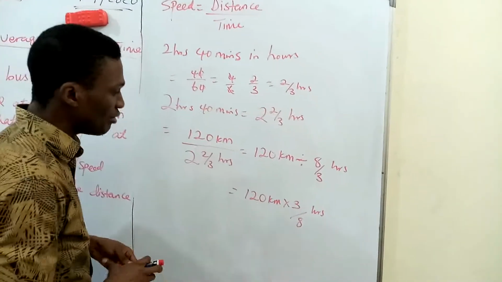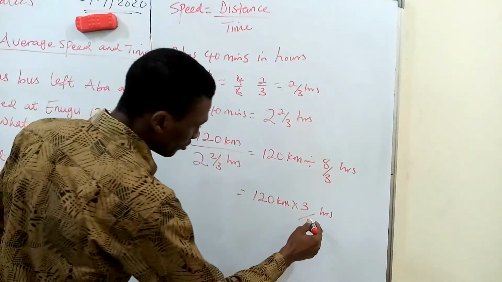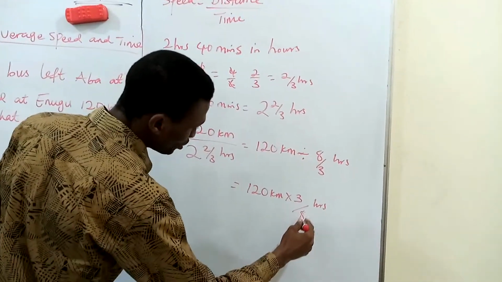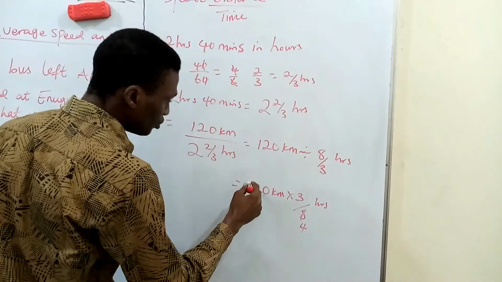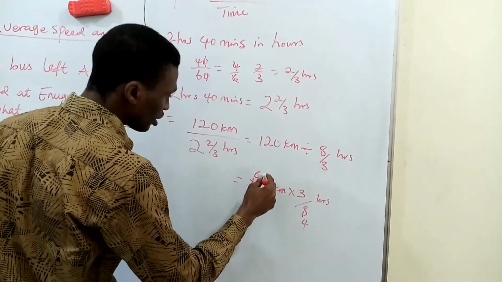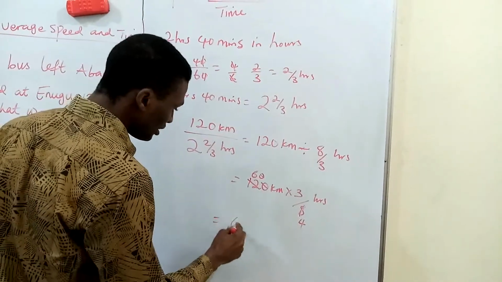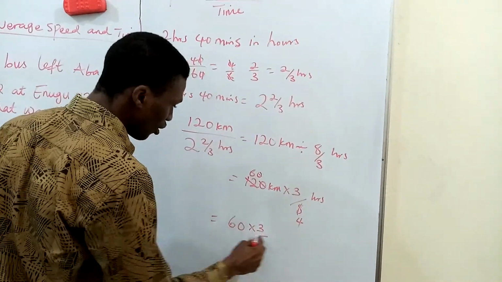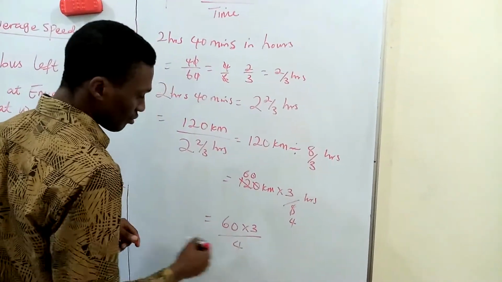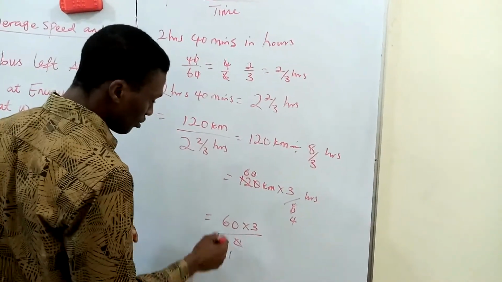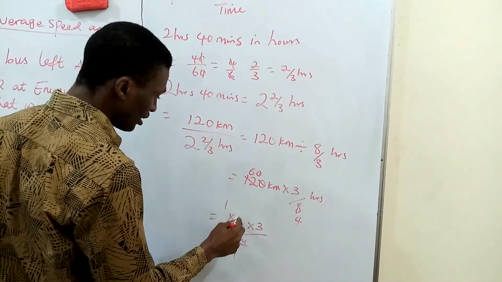Now from here we divide. Let's start with 2. 2 into 8 we have 4. 2 into 12 we have 6. 0 we have 0. So what we are left with is 60 times 3 all over 4. 4 into itself is 1. 4 into 6 we have 1 remainder 2.